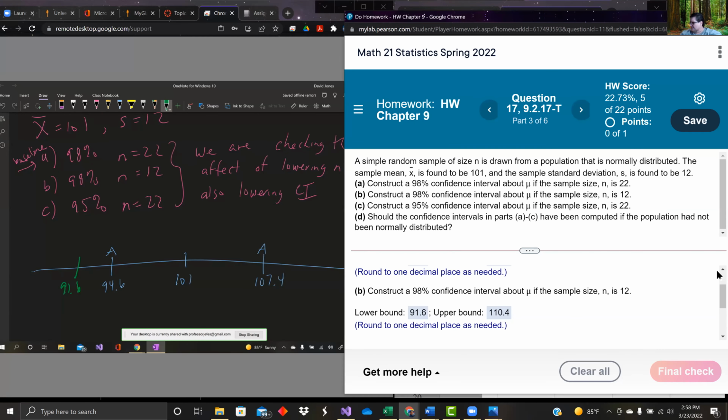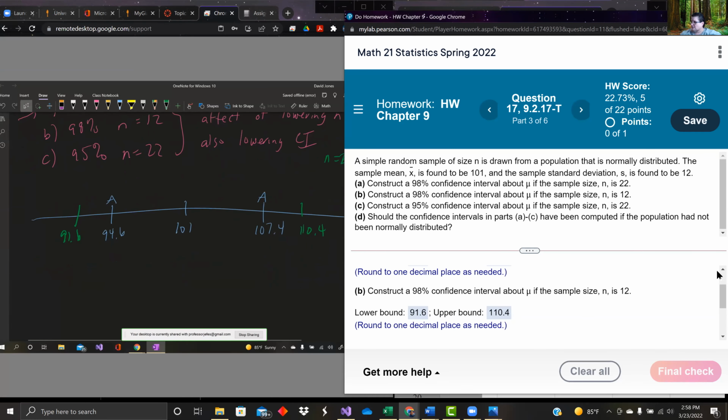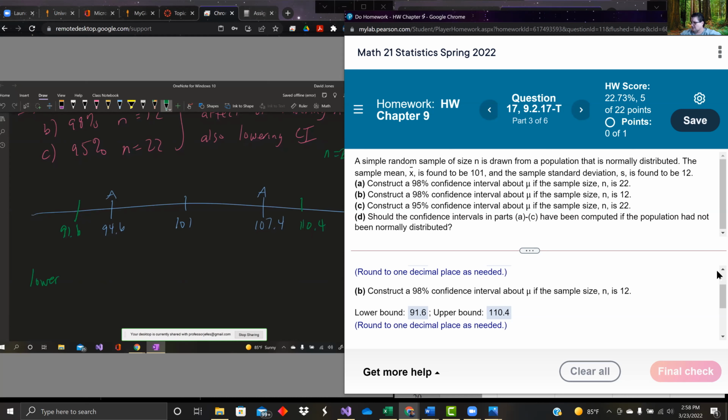91.6 is there. 110.4 is over here. So it looks like our change here was N went from 22 to 12. And so by lowering N, we increase the margin of error.